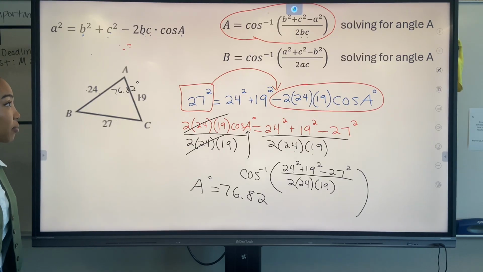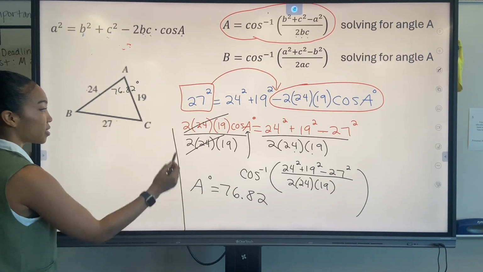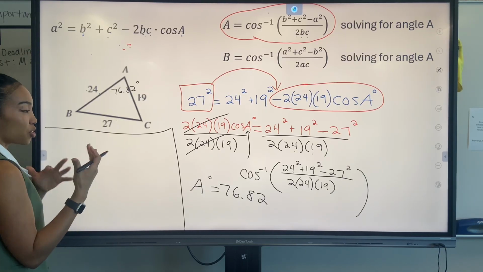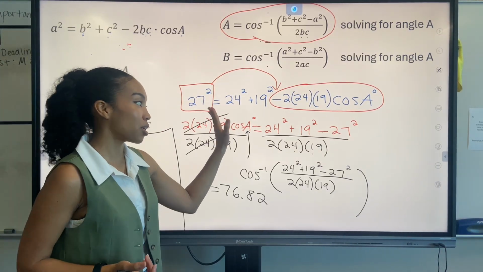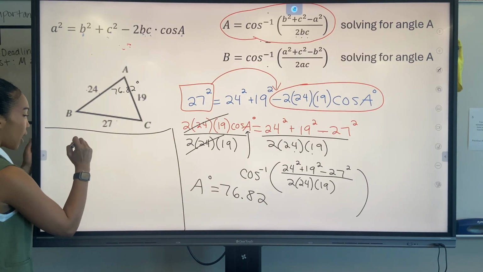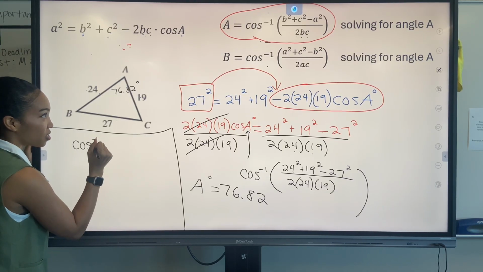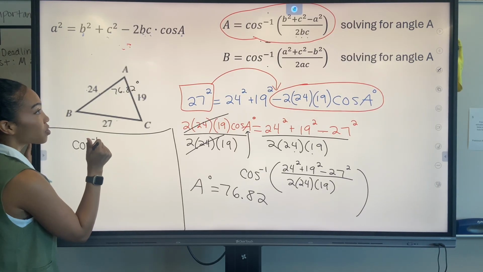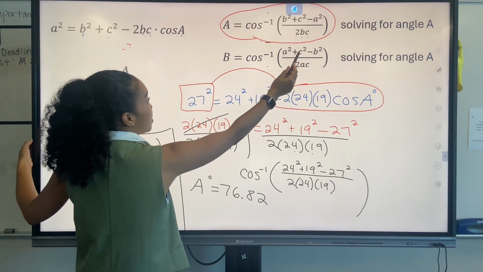Okay, which angle would you like to find next? B? All right, here's the formula. I'm just going to use the formula directly this time so you can see both methods, plugging it directly into the formula or deriving the formula yourself, okay? I think it's better to teach someone how to farm than just give them food. Okay, so cosine inverse, you want side A and C squared.